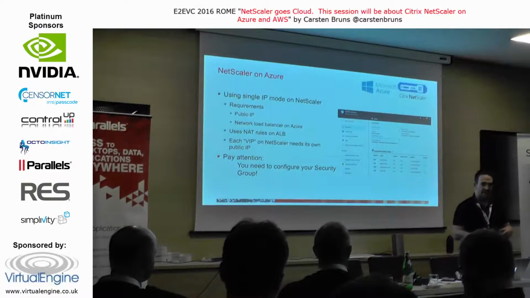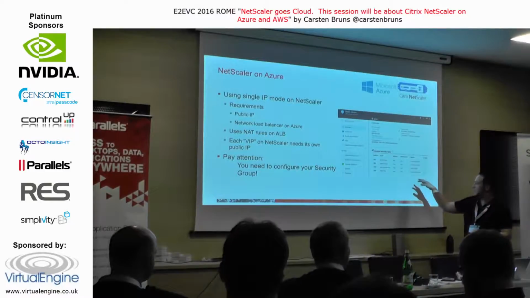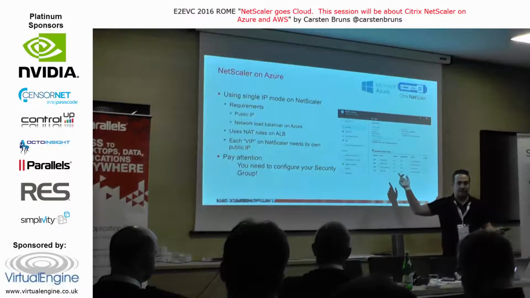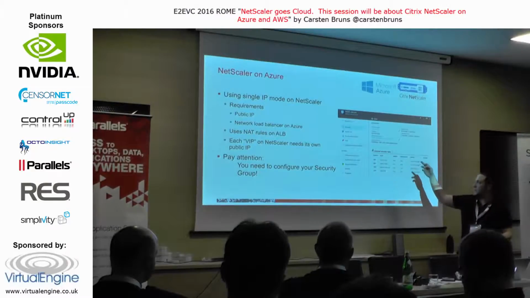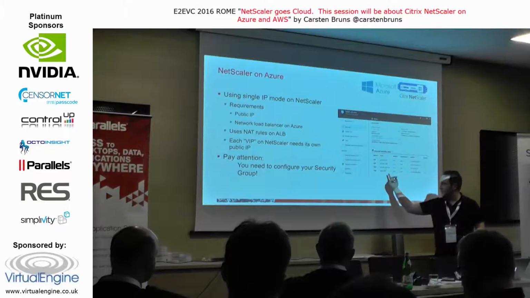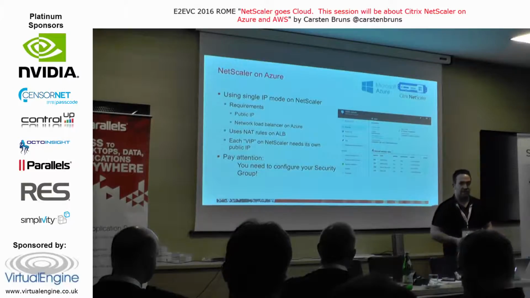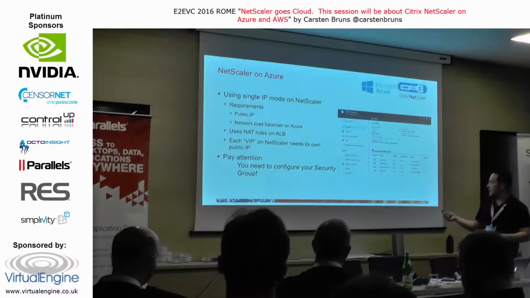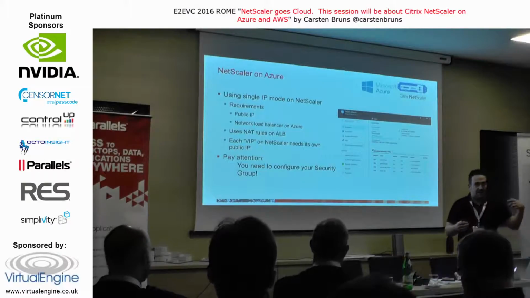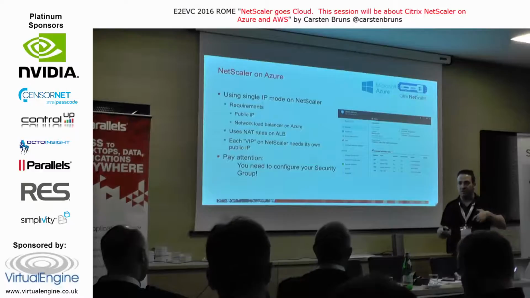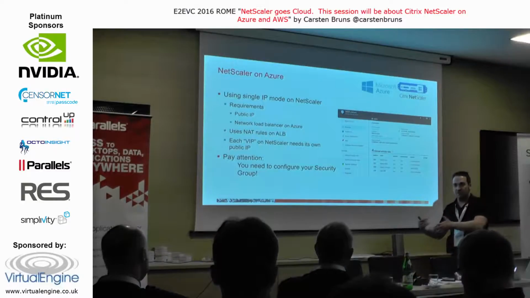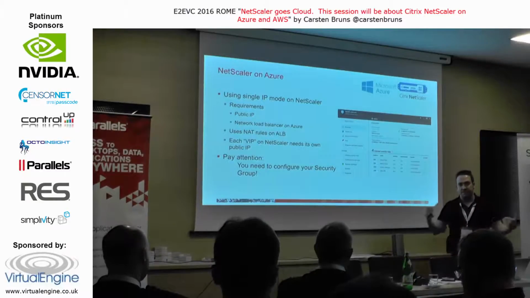So the NetScaler needs a security group with some security rules, and within it you need to create a rule for your services running on the NetScaler. On port 444, you have to create this rule so that the traffic will not be dropped before it comes to the NetScaler. There are some security features running on Azure, and you have to configure them. It's very important to know.